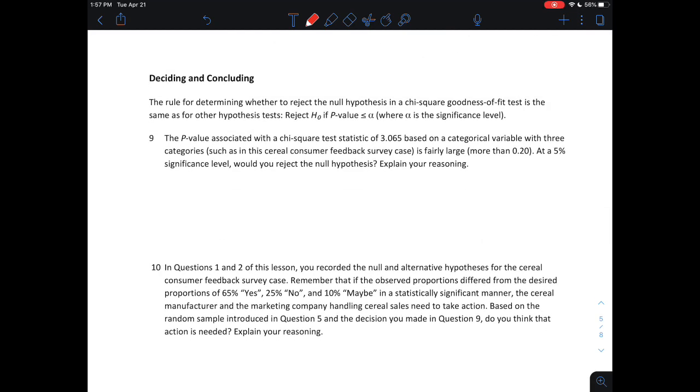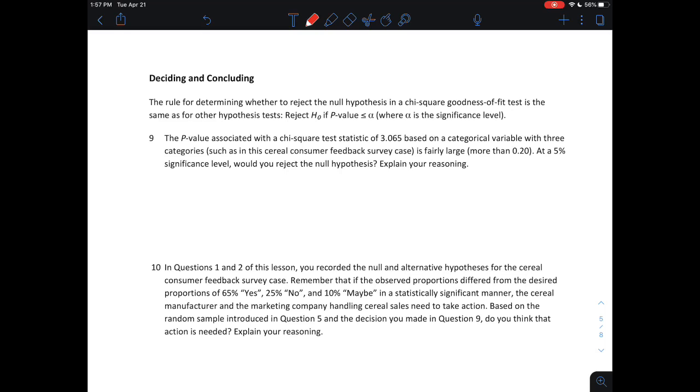So then finally, deciding and concluding. The rule for determining whether to reject the null hypothesis in a chi-square goodness of fit test is the same as for other hypothesis tests. Reject the null hypothesis if the p-value is less than or equal to alpha, where alpha is the significance level.